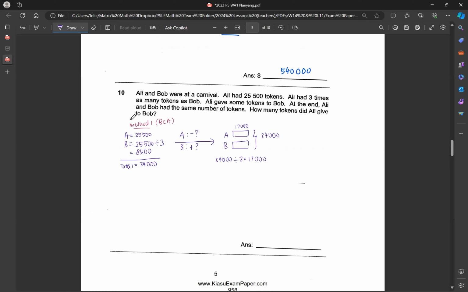If I use Ali, Ali at first has 25,500, and Ali gives some away such that Ali in the end has 17,000. So simply use 25,500 minus 17,000 to find out how much he has given, and that will be 8,500. This is your answer for the first method.